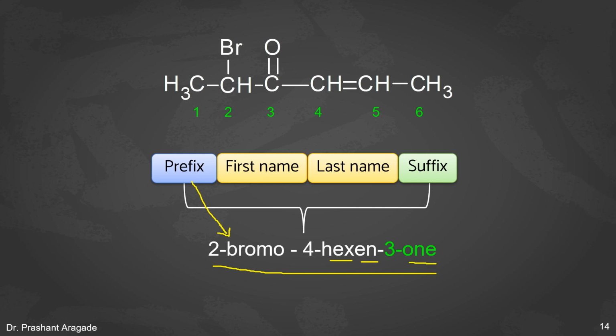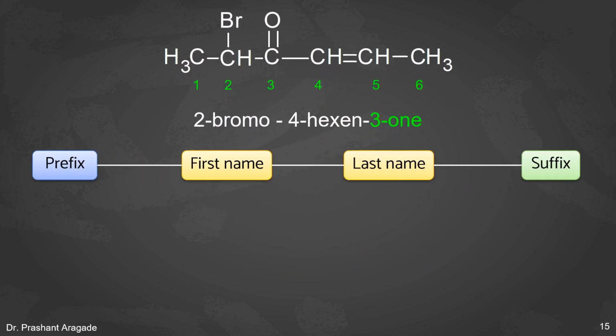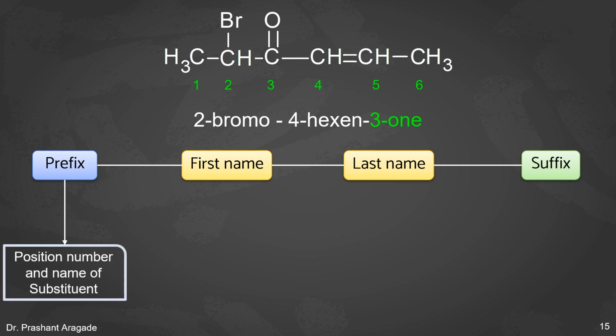So just follow this system or this smart way or smart tricks to write the IUPAC name correctly. That is prefix, first name, last name and suffix. So always remember the prefix is derived from the position number and name of substituents.